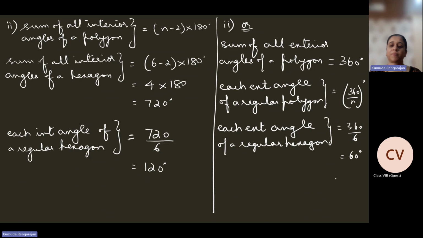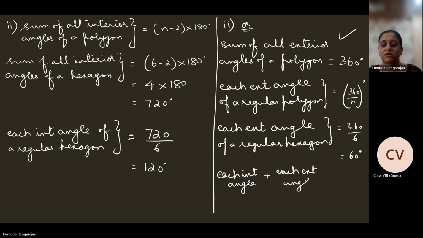So 60 degrees. See, we've written the formula first. Sum of all the exterior angles is 360. Each exterior angle will be 360 by n. Now this one is a hexagon, 6 sides, so each exterior angle will be 360 by 6, which is 60 degrees. Now this is each exterior angle, but the question is to find each interior angle. So each interior angle plus each exterior angle is equal to 180 degrees, linear pair.